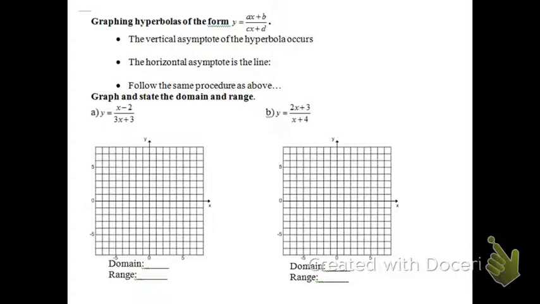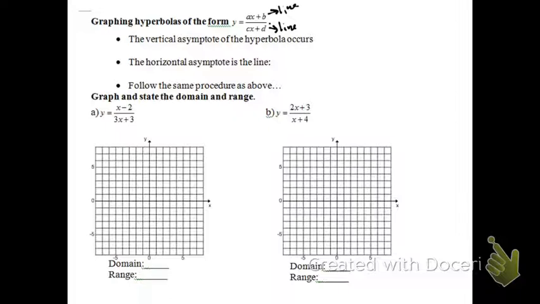Okay, now to finish up, you're going to have hyperbolas that are going to be of the following form: ax plus b over cx plus d. Basically, you have the equation of a line over a line. It's just a linear polynomial. Graphing these is a little different. There's not just an h and a k value.